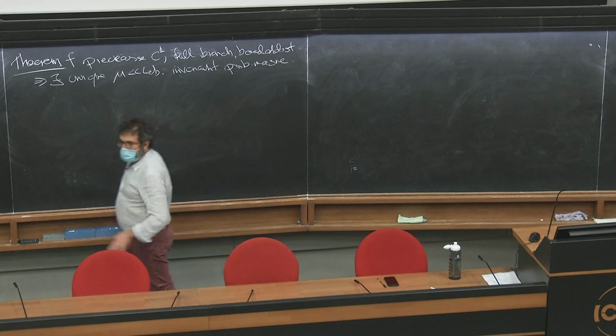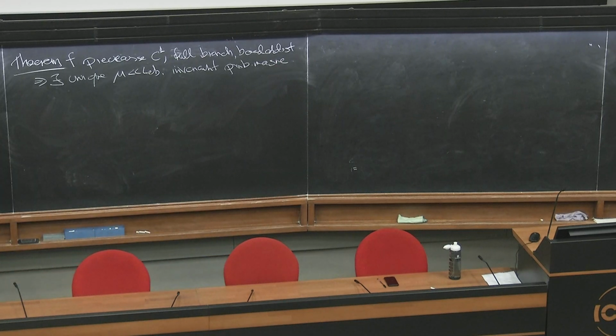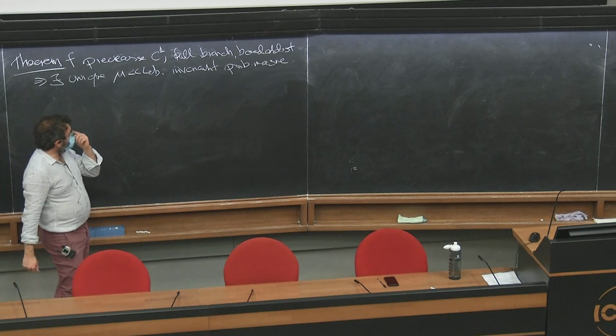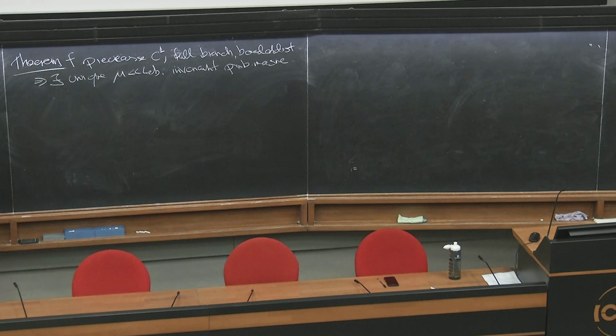And because it is absolutely continuous, and because we know that Lebesgue measure is ergodic, then this is automatically also ergodic. The reason this is interesting is also because we now need to construct an invariant measure.